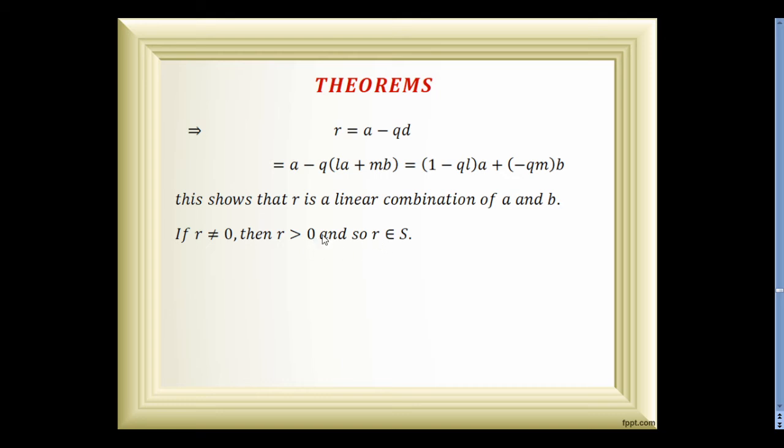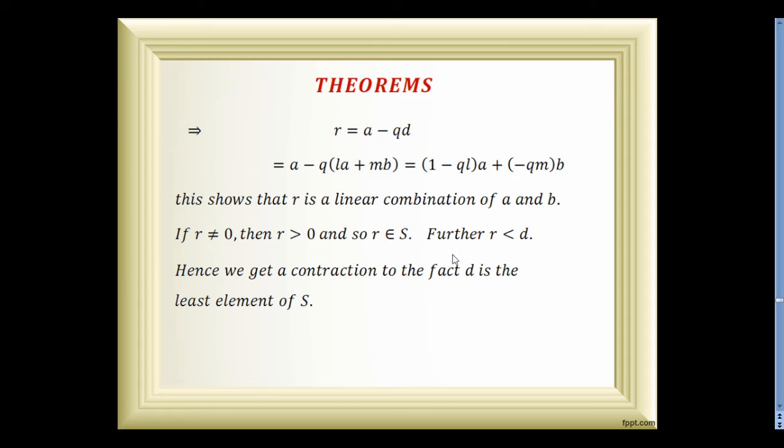So if it is greater than 0, then R belongs to S. Further, we can take R less than D. Because D is the greatest common divisor, R will be greater than 0 and less than D. This is a contradiction to the fact that D is the least element of S. D cannot be the least element because D is the greatest common divisor. Therefore, R equal to 0.